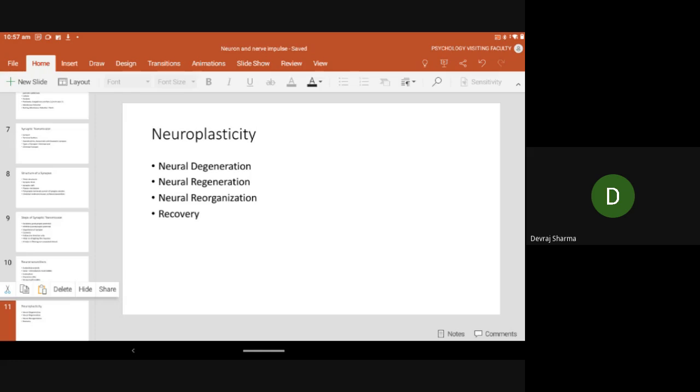Now, how is the recovery of the damaged part? Let us see. Recovering the brain function after damage is very difficult. It is difficult to do cognitive experiments on brain damaged patients, and hence it is poorly understood.